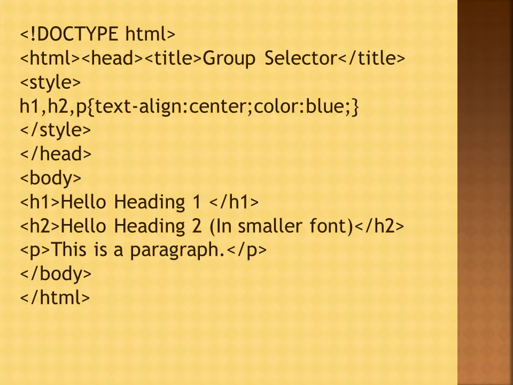Due to this it minimizes the coding, and commas are used to separate each selector in grouping. For example, h1 comma h2 comma p. So we applied the same style on these multiple HTML elements.